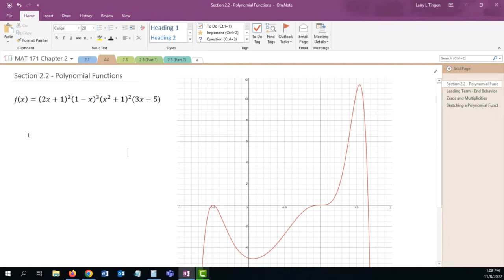If I want a product of multiple factors to be 0, all I have to do is get one of them to be 0, right? For this case, I have 4 factors in this equation, j of x. If I wanted j of x to be 0, all I have to do is make one of these factors 0.